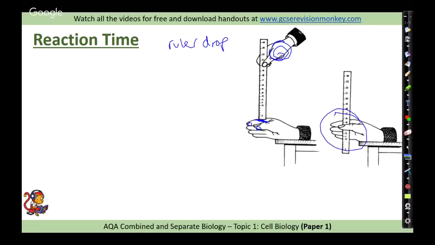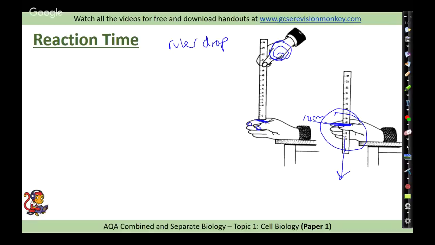And then from the top of your thumb, you can measure the distance. So if we were to look at this one, it was just below 15, so approximately 14 centimeters. Obviously, the longer the distance, the slower your reaction time, and you want a quick reaction time.